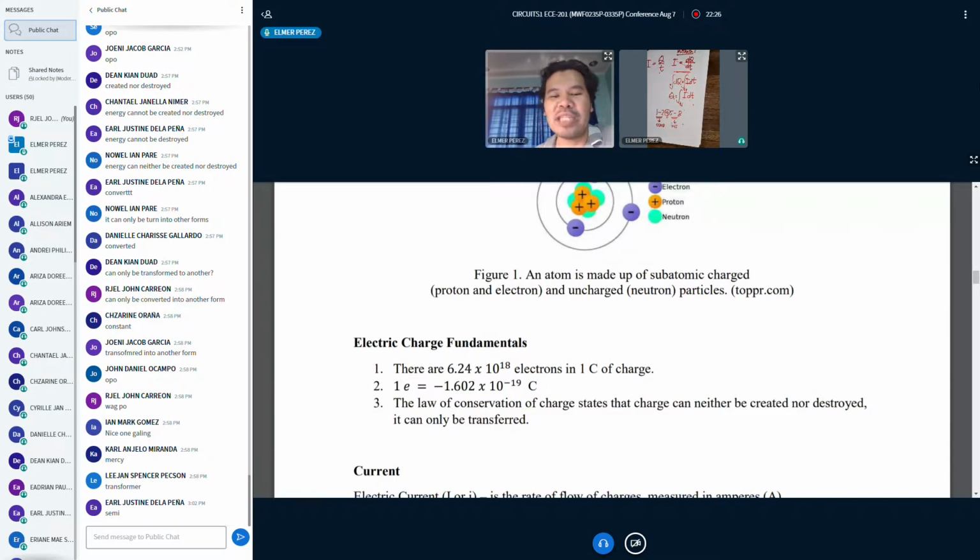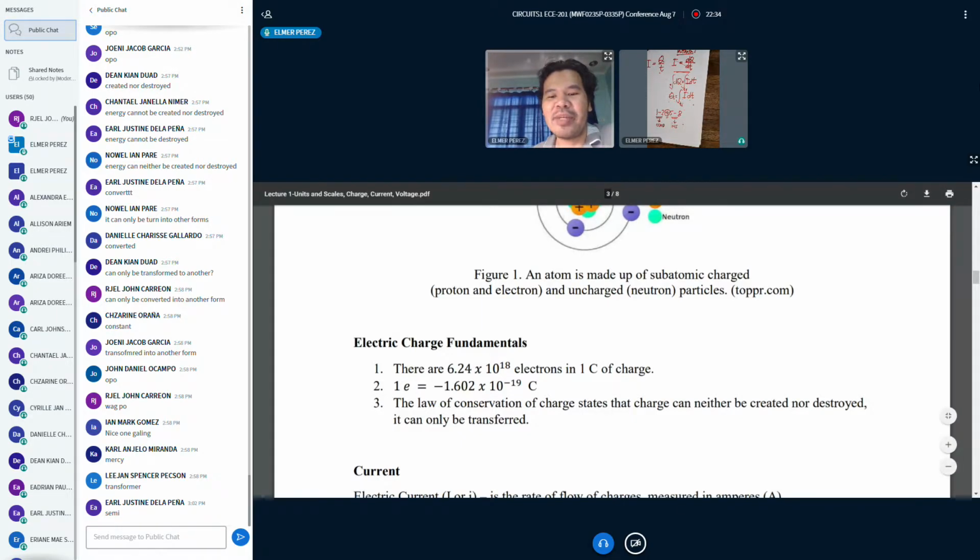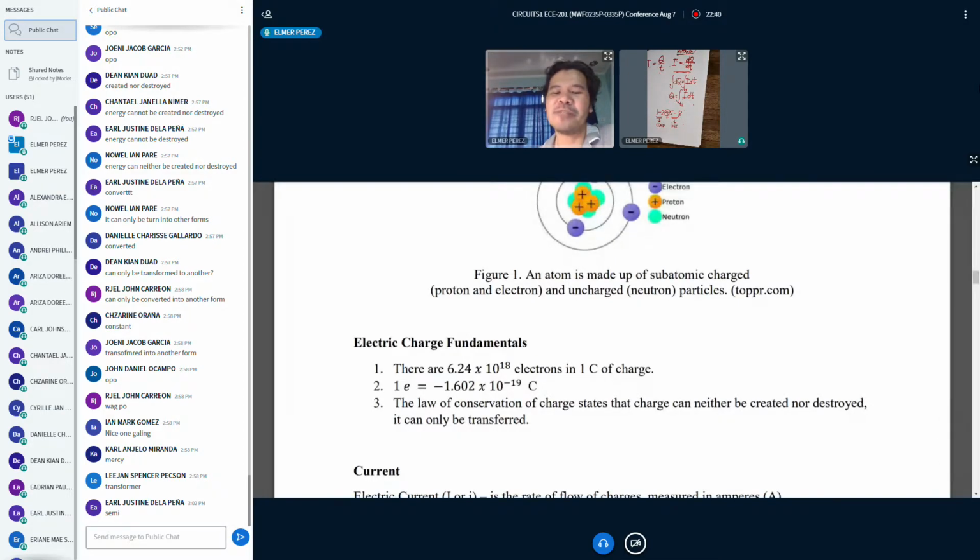Pag proton naman siya, positive lang. Okay? The law of conservation of charge says that charge can neither be created nor destroyed. It can only be transferred. So parang siyang law of conservation of energy. But this one is for charge. Instead of being created or destroyed, transform, ito ay nata-transfer. Okay? Do you have any question?